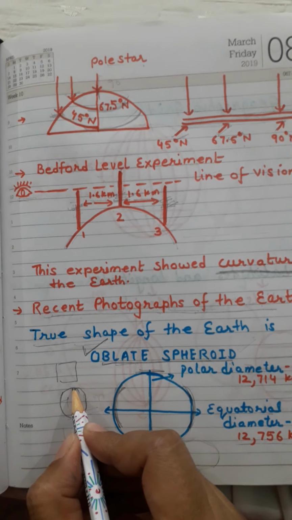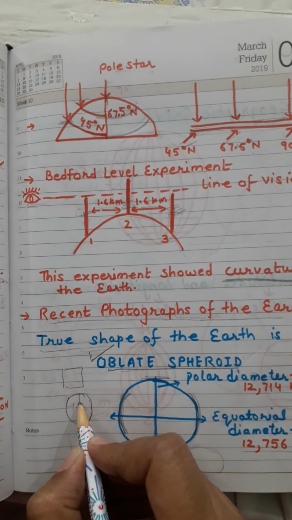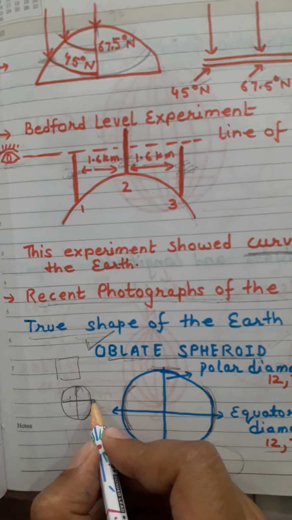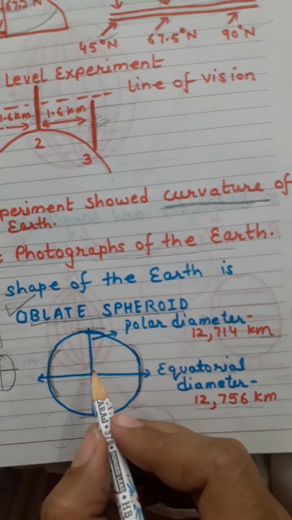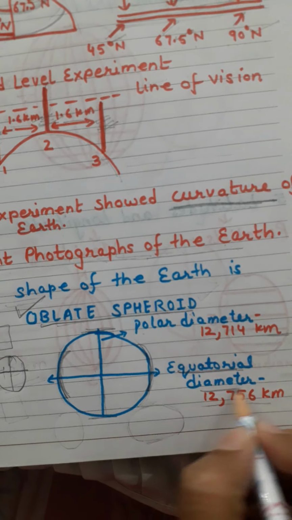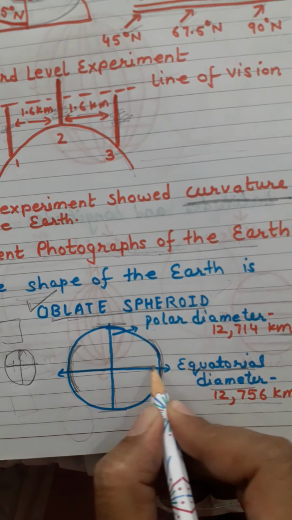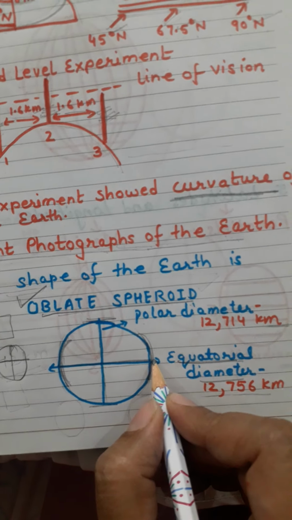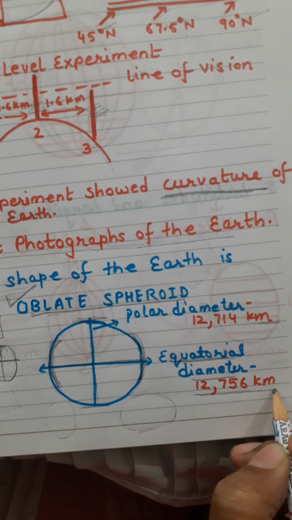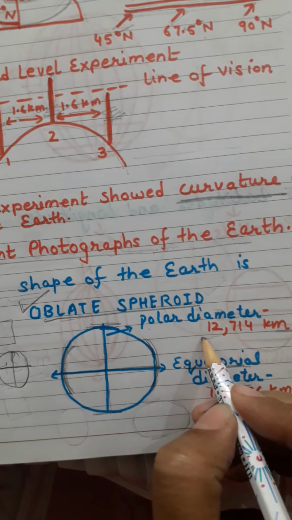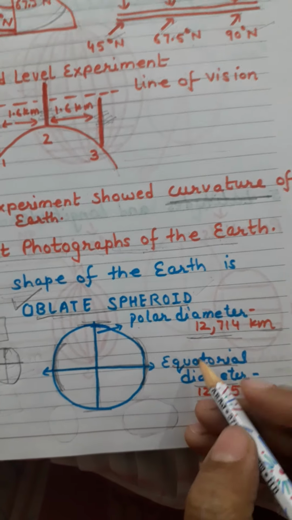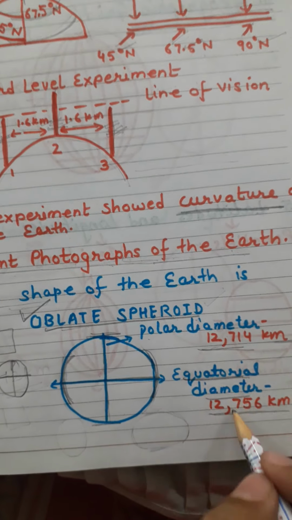If the earth were circular in shape, the polar diameter and the equatorial diameter would be the same. But if you see this mathematical calculation, the equatorial diameter, that is from west to east, is 12,756 kilometers and the polar diameter is 12,714 kilometers. So this is not the same.